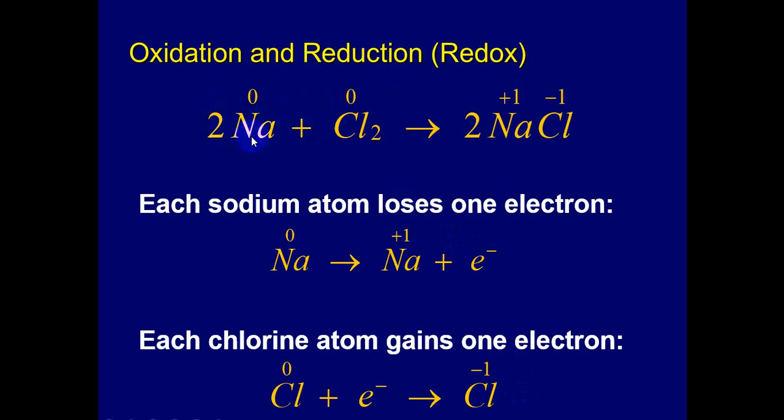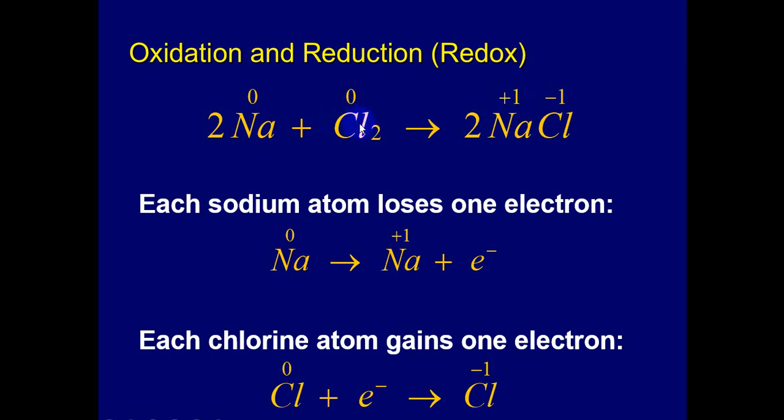So 2 sodium atoms will lose 1 electron each, reacting with 2 chlorine atoms. So 1 sodium atom will lose 1 electron to become 1 plus. But remember there are 2 over here, so 2 sodium 1 plus.